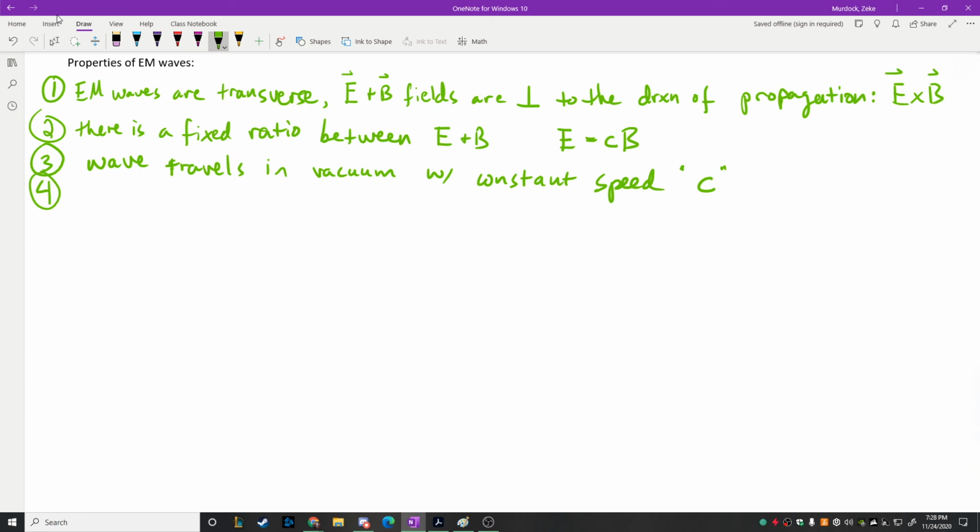Unlike mechanical waves, there's no medium needed. Or what I would say is the medium is basically the electric field and the magnetic field. That's what I would say, but it's not exactly a medium.